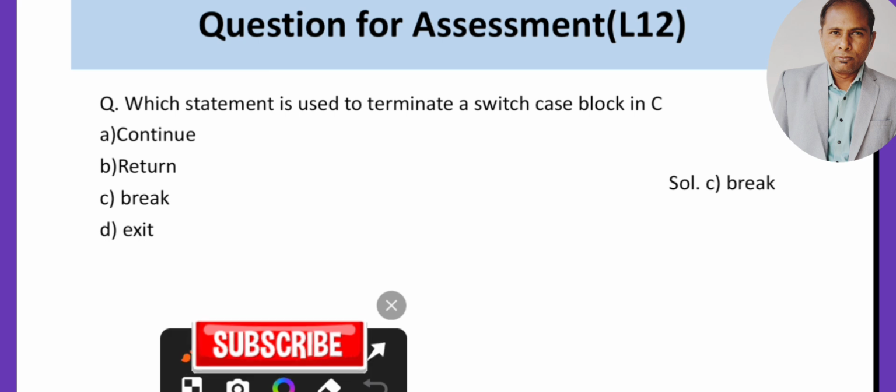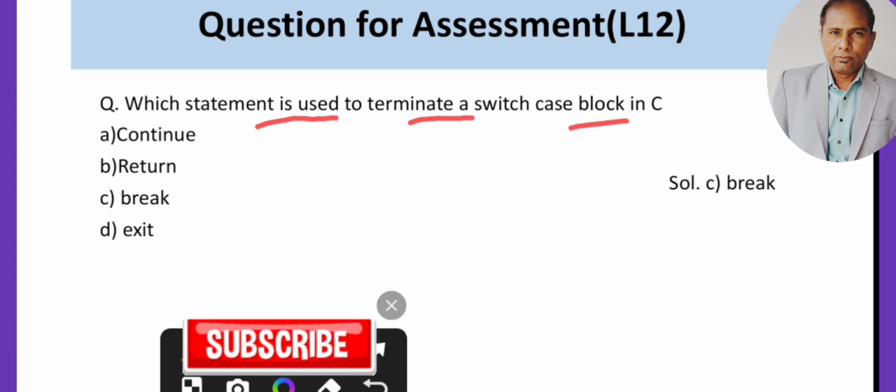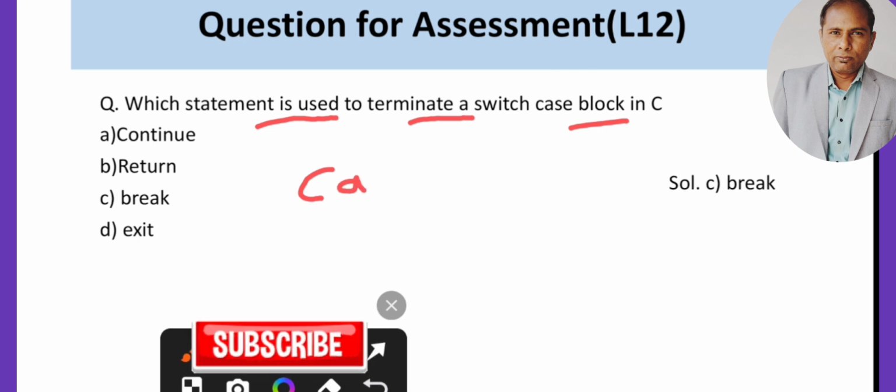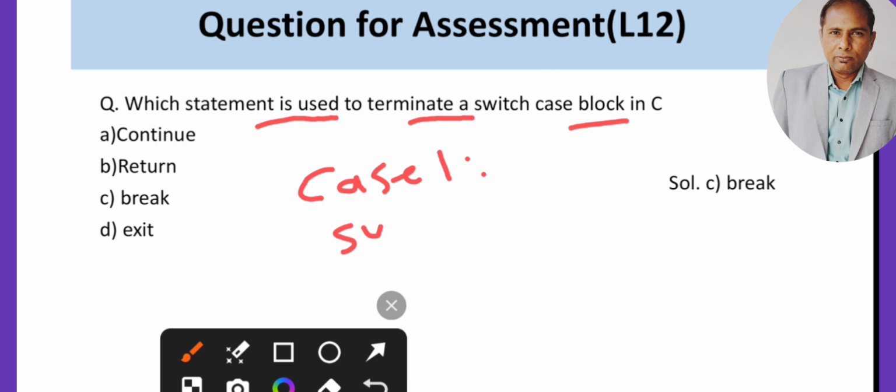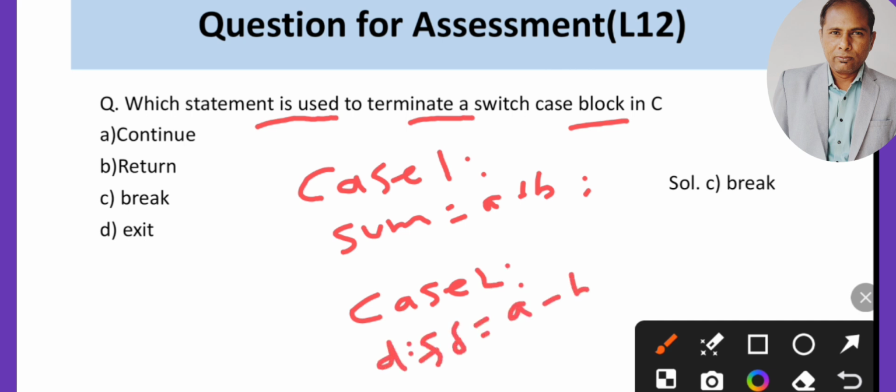In the previous lecture, we gave you the question: which statement is used to terminate the switch case block? If we are writing a switch, for example, case 1 with sum is equal to a plus b, and after that case 2 with difference is equal to a minus b.